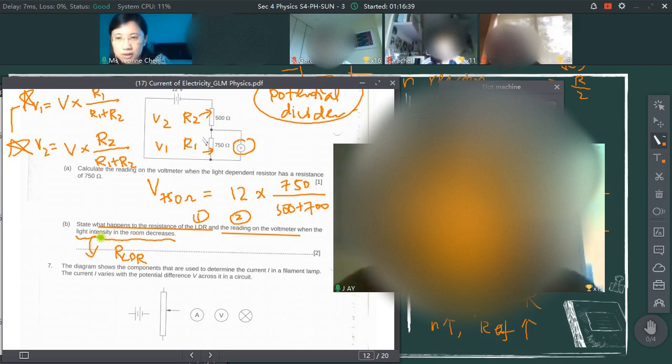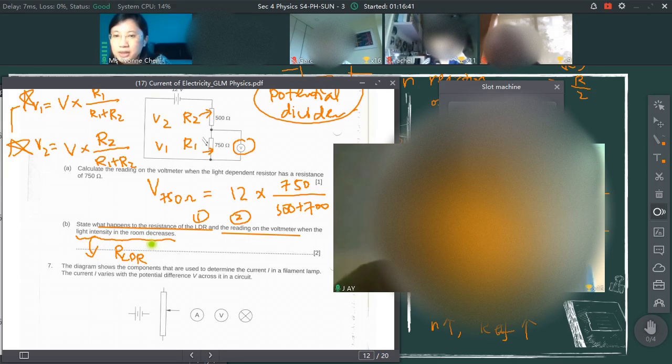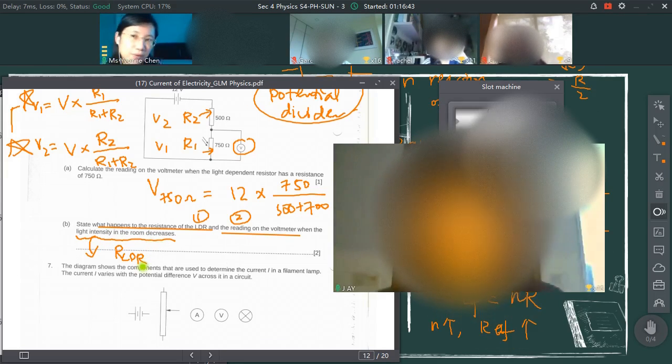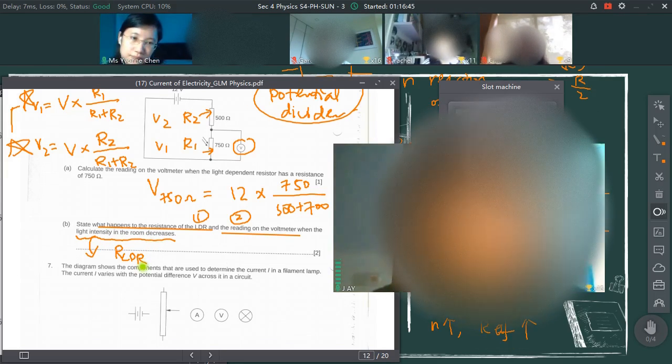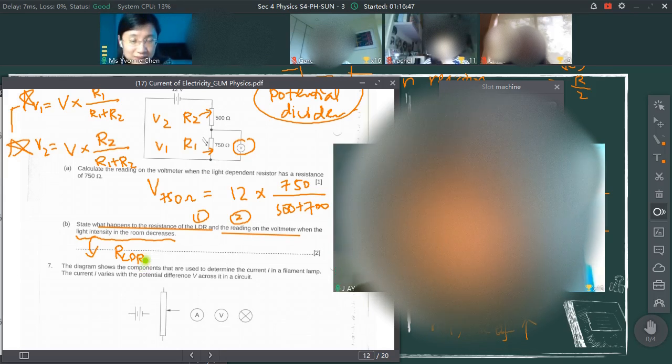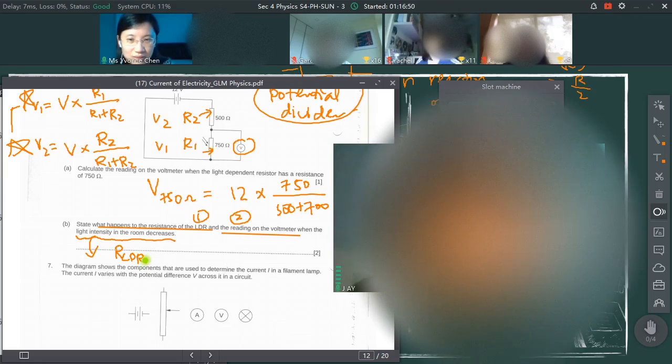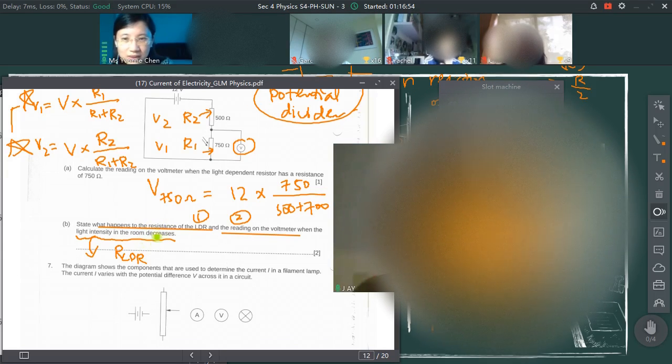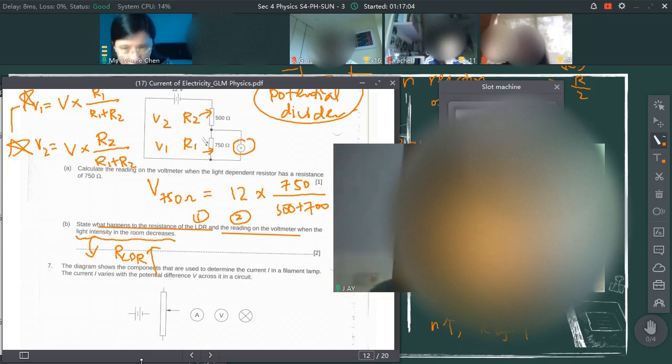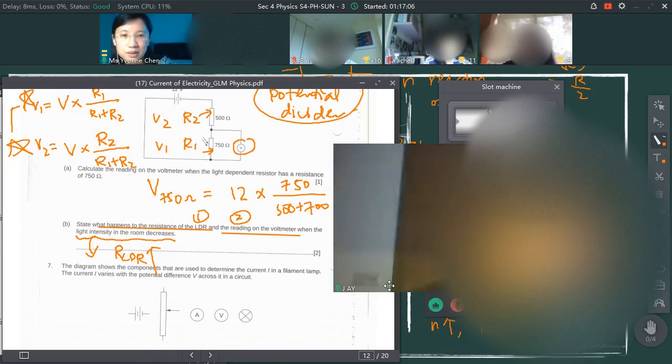Intensity decreases, it becomes darker. The room is darker. So the resistance increases. Yes, increases. Please remember this.